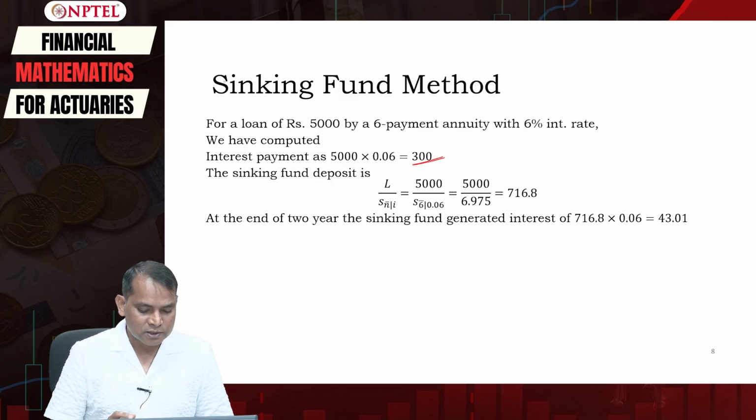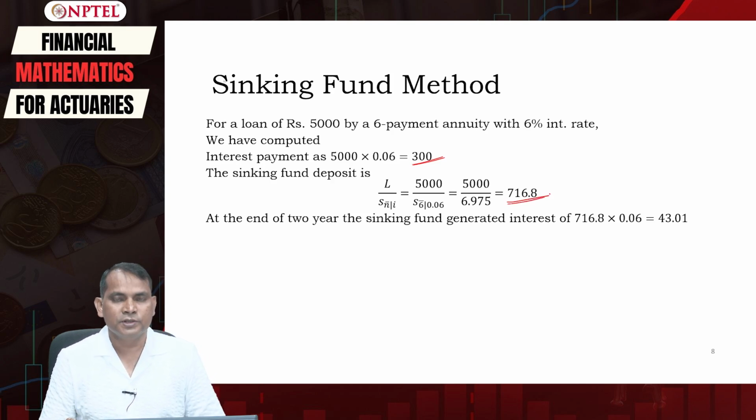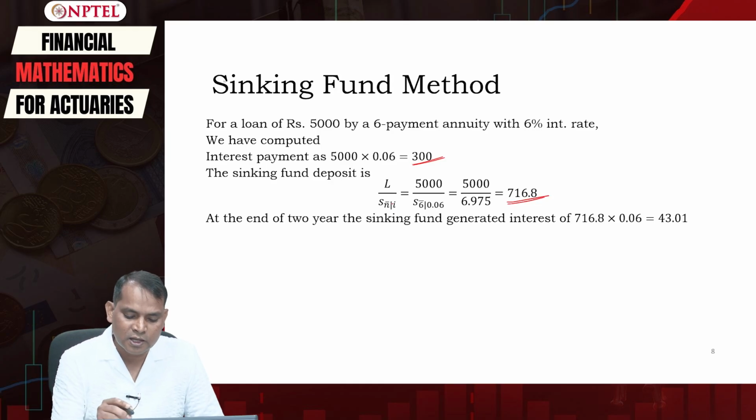Now the sinking fund deposit can be computed as L divided by S angle n at i. So 5,000 divided by S angle n at i becomes 716.19. S angle n at i is the future value factor of the annuity, right?